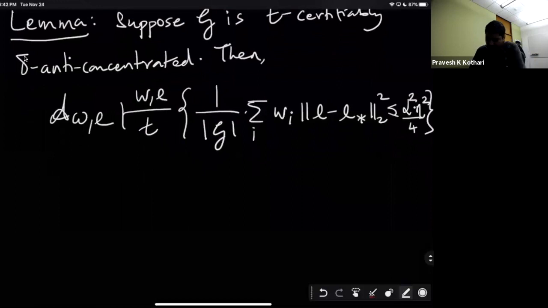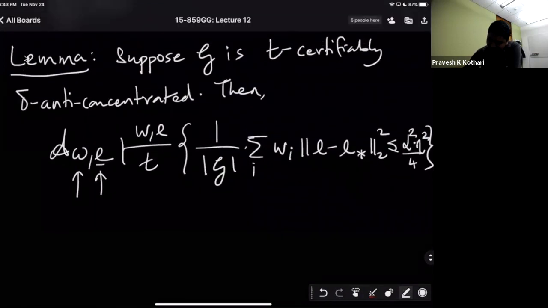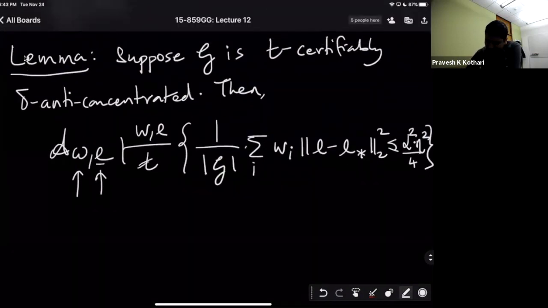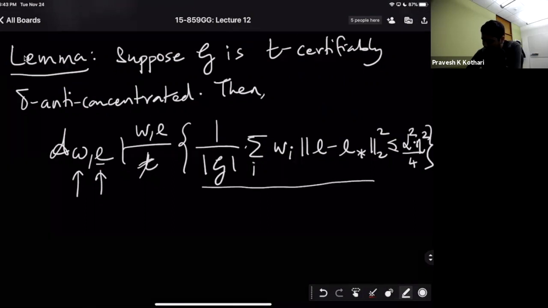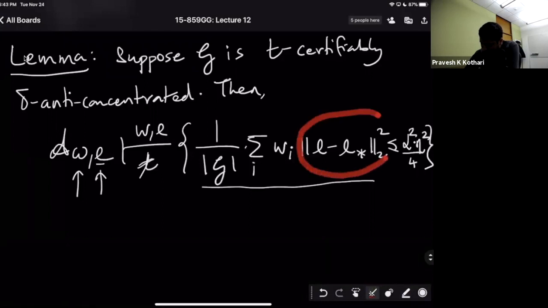So what is this fact saying? Remember, AWL has variables L, which is the linear function, the vector we are hunting for. W is the indicator set corresponding to it. So the pseudo distribution is jointly on W and L. And what we're saying is that if G is T-certifiably anti-concentrated, then there is a degree T sum of squares proof that says this funky quantity is small. So let's interpret this. What is this quantity? It's only on the good set.